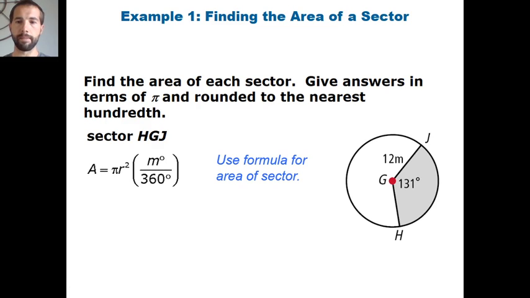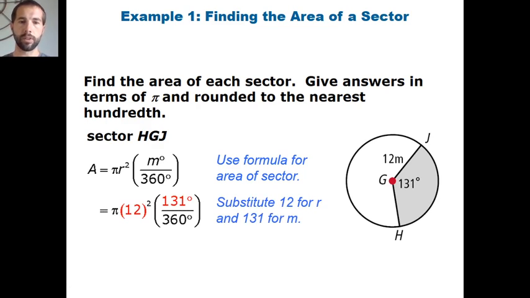And then we multiply it by the degree of the circle that's shaded in, which is the sector, which is 131 over 360. So r is the radius, which is 12. M is the degree, which is 131.